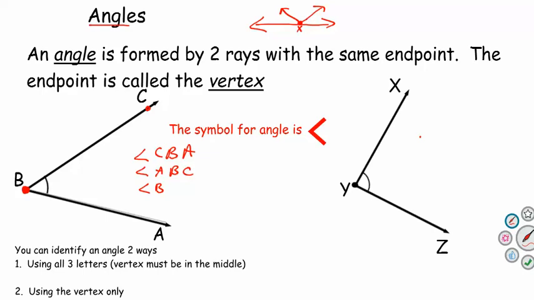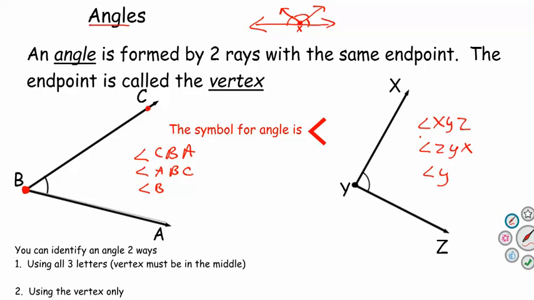You wouldn't know if it was this angle or this angle. When you get into next year too, you're also going to be using protractors to measure angles. So this one I could label XYZ, angle ZYX, or simply angle Y. All right, so that's just a quick review of angles.